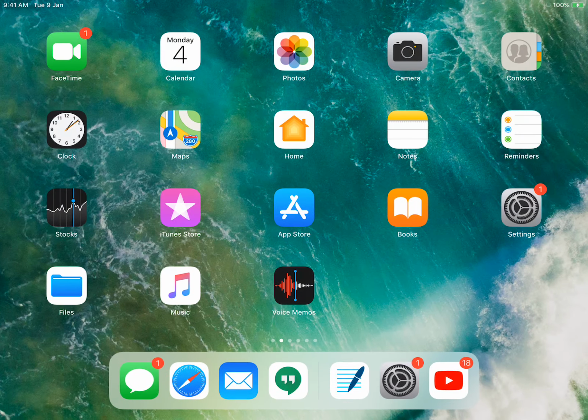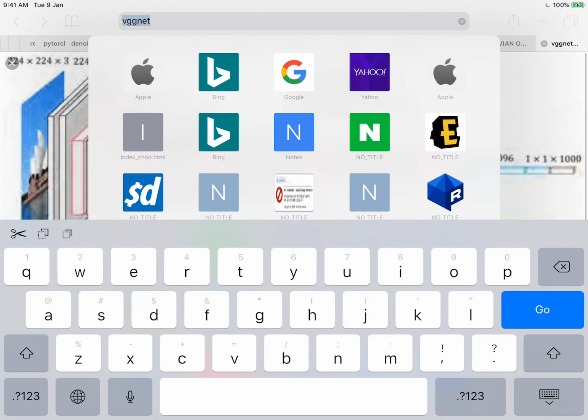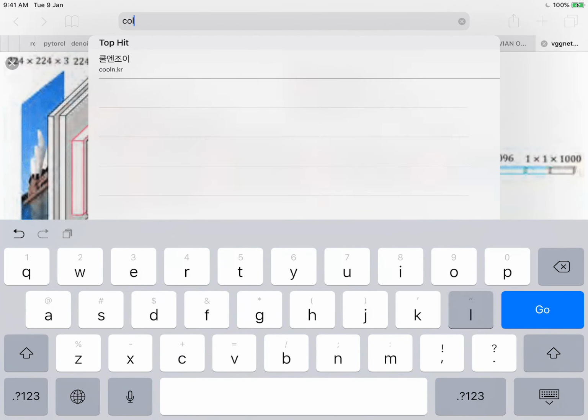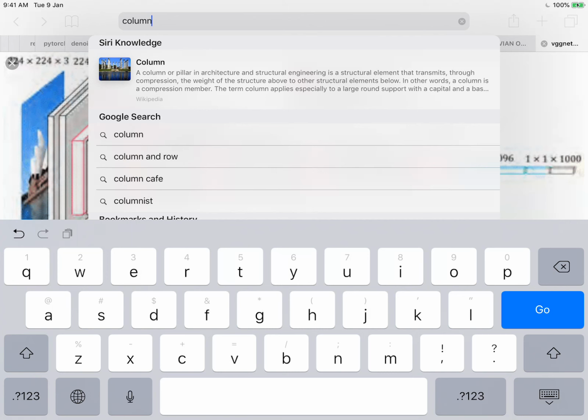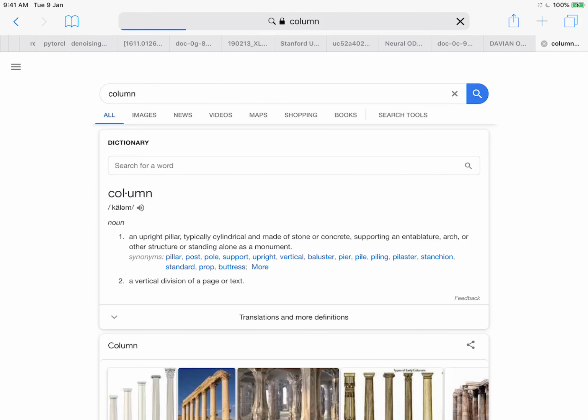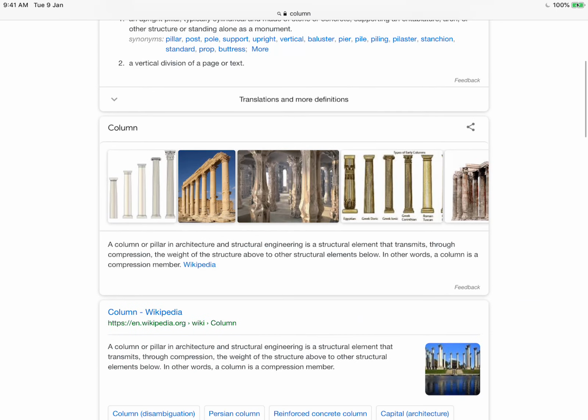Okay, so let me show how not to get confused. What's the meaning of this column? I mean, not just mathematically, but in general. As we can see, the meaning of column is, in Korean, 이게 뭐 기둥이라는 뜻이죠. So this column should be built vertically, right?